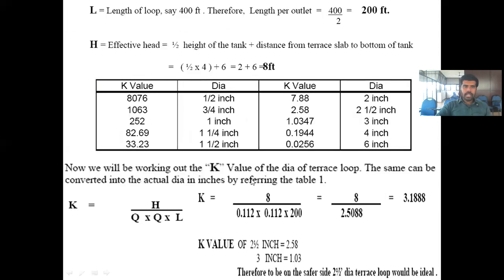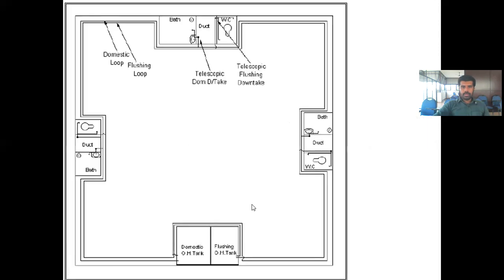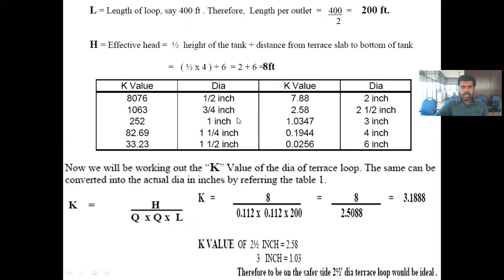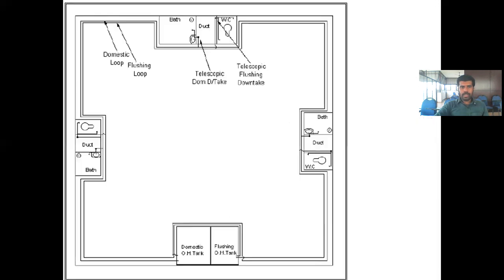Now, see, this is the domestic tank and this is the flushing tank, and this is the pipe. One is the domestic loop as well as the other one is the flushing pipe or flushing loop. Okay, so for example, you can just imagine that this length is 400 feet.